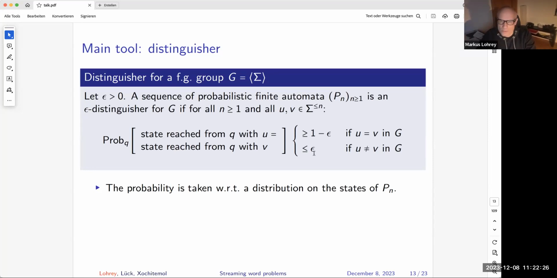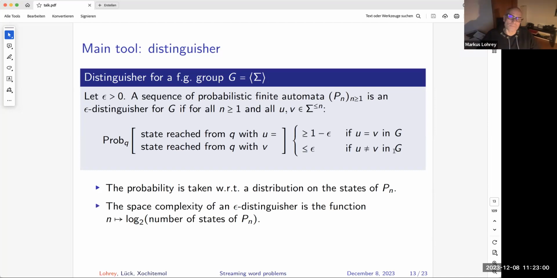And it's at most epsilon if u and v are different in the group G. So basically, this distinguisher gives you with high probability a correct answer. If the words are equal, then you will end up with high probability in the same state. If the 2 words are different in the group, with high probability you will end up in different states of the automaton. This is our notion of distinguisher.